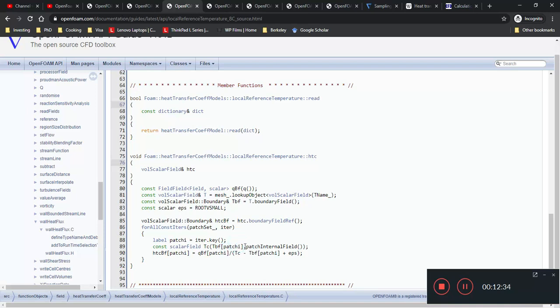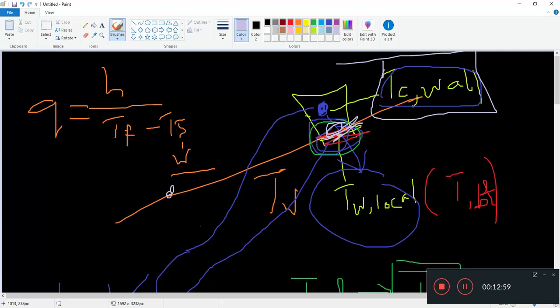So it's referring to the temperature of the patch I, where patch I is wherever you are doing your calculation, whichever cell you're doing your calculation. So if you're using QBF for patch I, that means the local heat flux for that patch, that little field there, and if they're using this TBF for patch I, that means it's the boundary field temperature here.